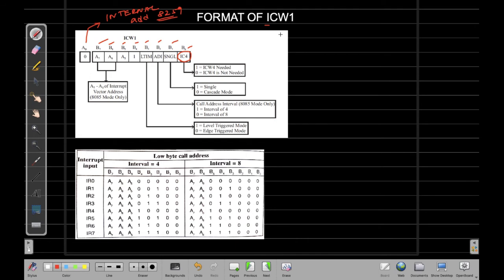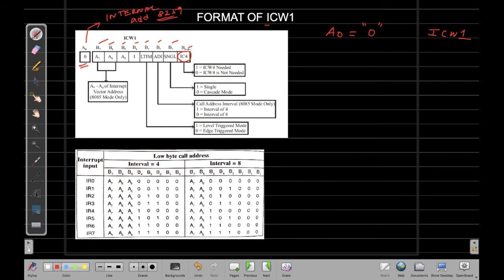This differentiation can be made by reading the status of A0. If A0 is written with logic level 0, the meaning is we are going to transfer ICW1 to 8259. So by reading the status of A0, we will know whether the current data transmitted to 8259 is ICW1 or ICW2. So that is the first signal which needs to be read by the programmer.